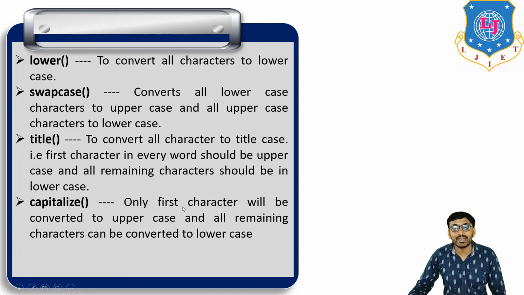Only the first character will be converted into uppercase and all remaining characters of the string will be converted into lowercase. So there are the upper method, lower method, swapcase method, title method and capitalize method.